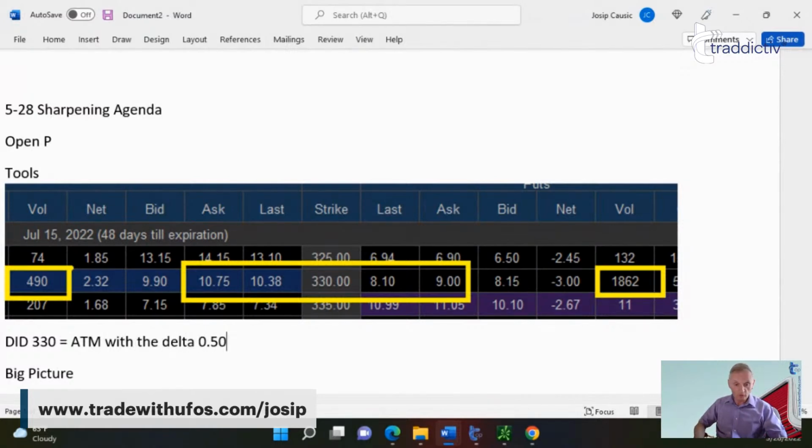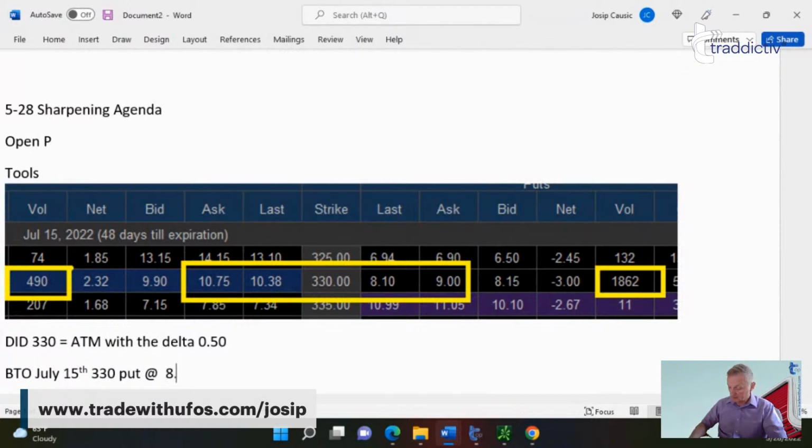So if we know that somebody or an institution is buying the 330 put, and I'm going to emphasize that this is July 15th, so don't think this is expiring on Tuesday when we open, because obviously we are closed on Memorial Day. And the pricing of that, I'm going to stick with the price that says 810, although that's the last price.